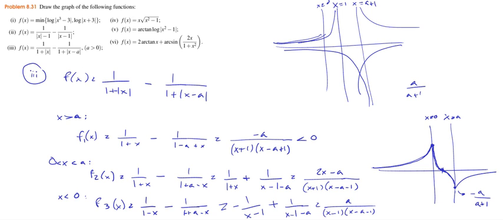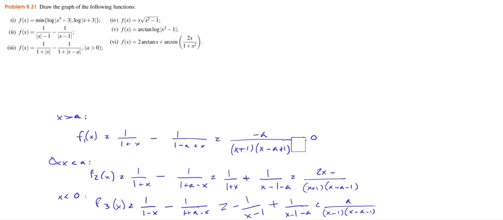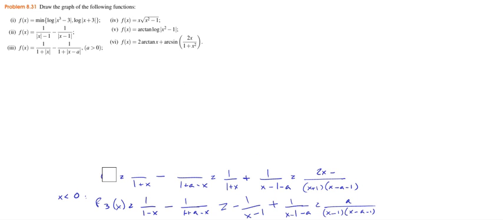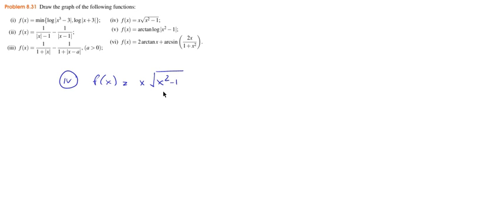Okay, let's do part 4. f is x times the square root of x squared minus 1.